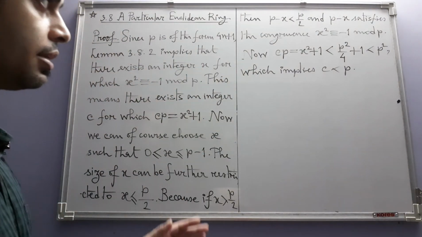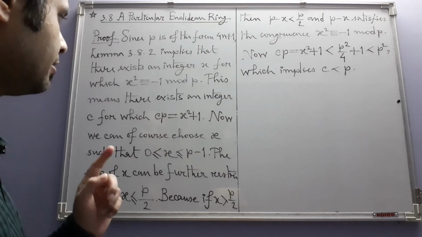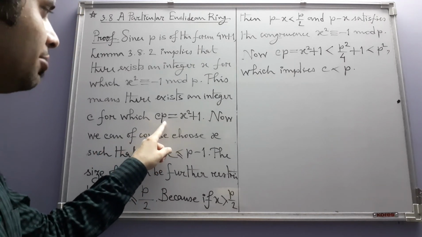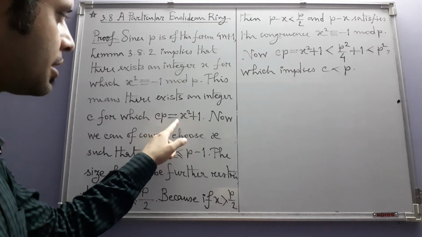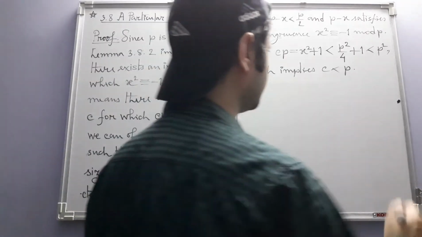So c is an integer that is less than p, and in fact you can see that c cannot be negative because p is positive, x square plus 1 is also positive, so c has to be positive.